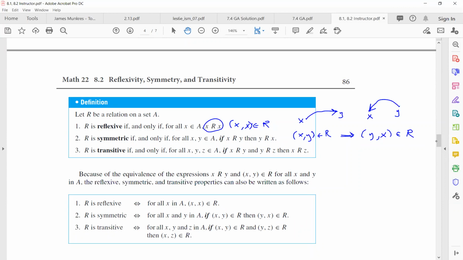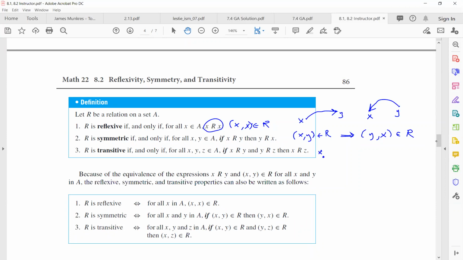R is called transitive if and only if for any 3 values, numbers, objects x, y, z in set A, if x is in relation with y and y is in relation with z, then you can conclude that x is in relation with z.